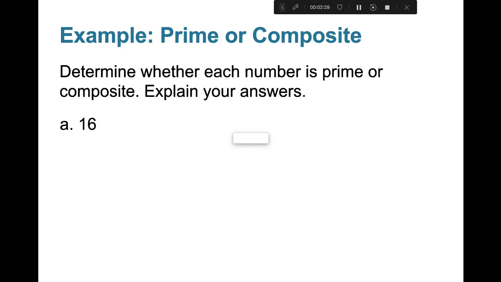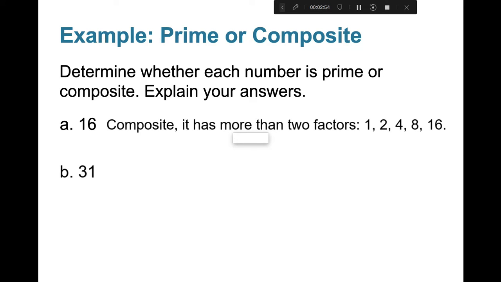So let's talk about examples of prime and composite numbers. Is 16 a prime number or a composite number? Composite. How do you know that? Because 8 times 2, because it is an even number. Any even number is a composite number.